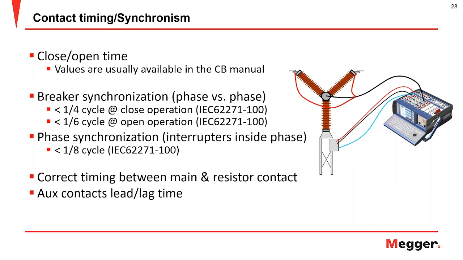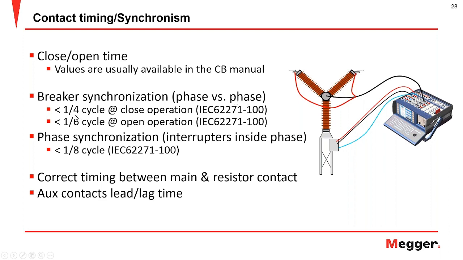Only the manufacturer can advise what the nominal time to open or close is for a specific circuit breaker, as the times will vary depending on the constructive type. What is advised by the standard is the breaker synchronization, phase versus phase, let's say A, B, C.